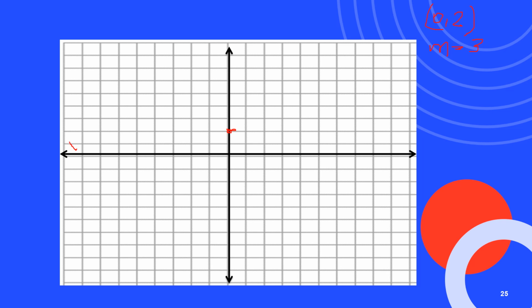Okay, so this is our x and y, of course, so it's 0, and then we will count 3 units, 1, 2, 3, and then 1 unit, so that means our slope is 3. So the next point is here. We are going to count 1, 2, 3, and 1, so that means the other point is here. So then let us connect this one.